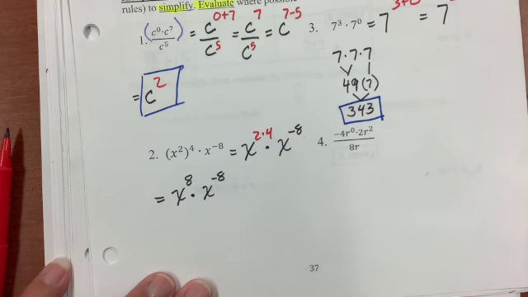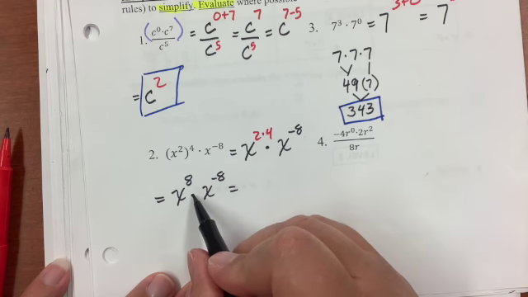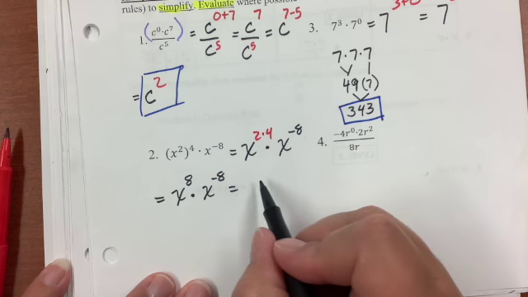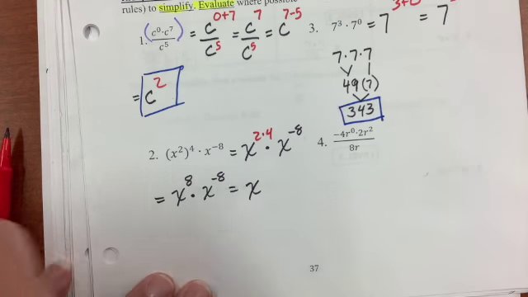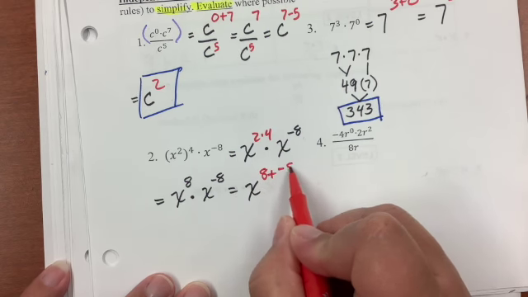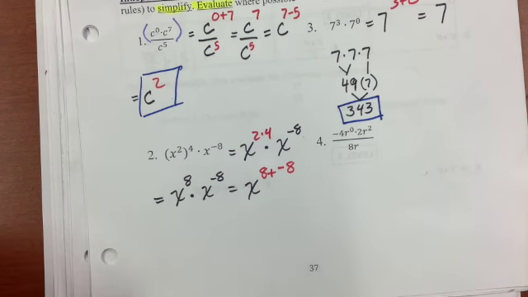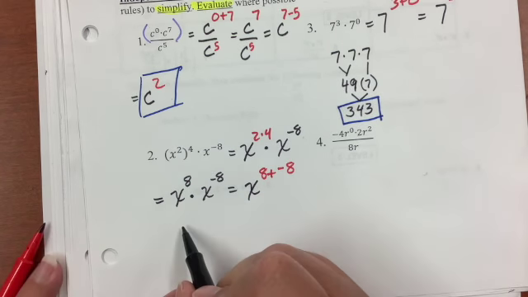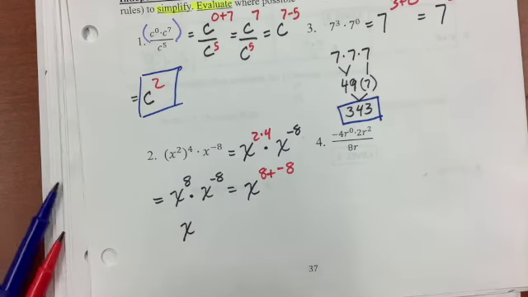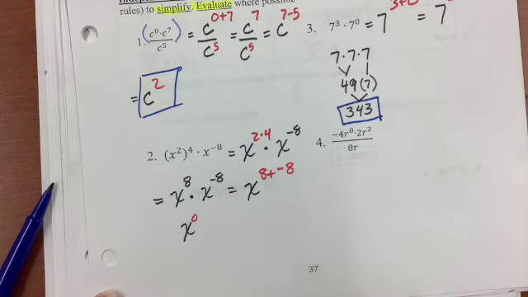Oh, that's interesting. So now I'm using the product rule because it's multiplication to add the exponents. X, and I'm adding 8 plus negative 8. 8 plus negative 8 is 0. So I have x to the 0 power.